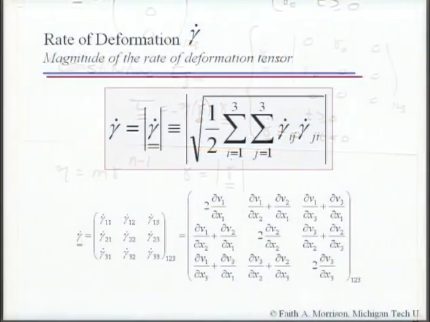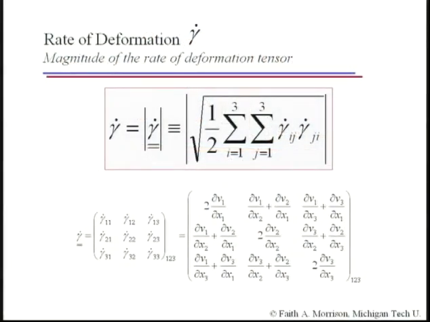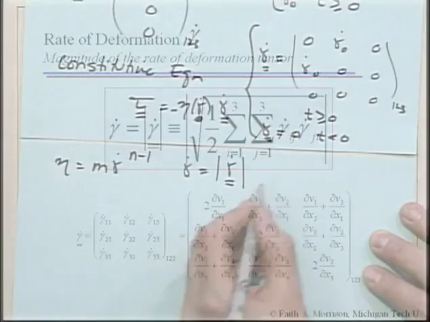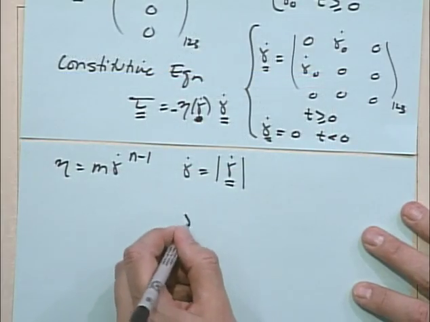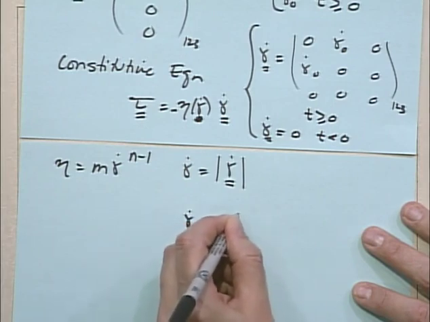So there it is. The magnitude of the tensor is 1/2. Actually, we've defined this a variety of ways, but it's this sum, which is also equal to gamma dot double dotted with gamma dot. All right, so gamma dot, let me go back to writing gamma dot, the tensor, with the sigma dot in it.